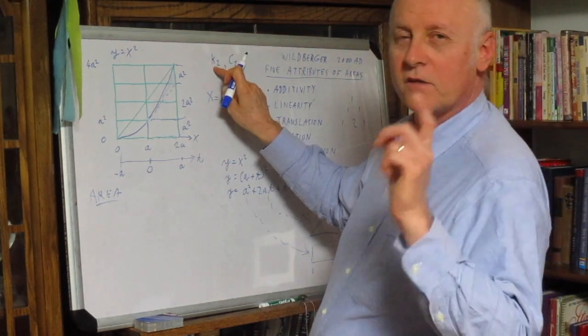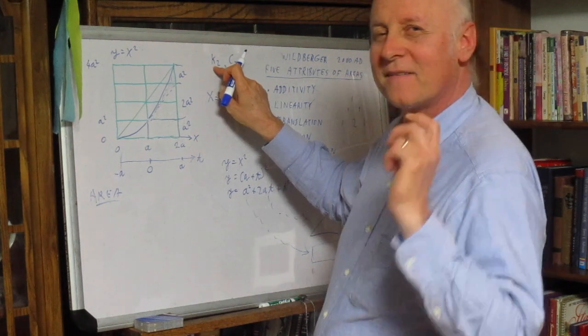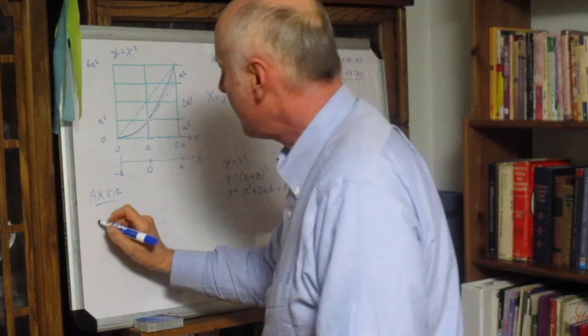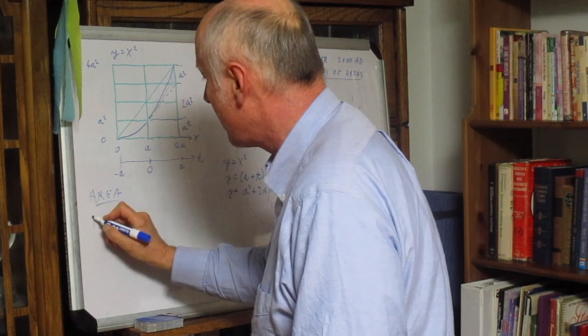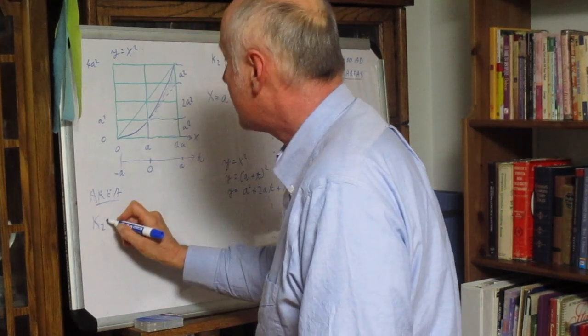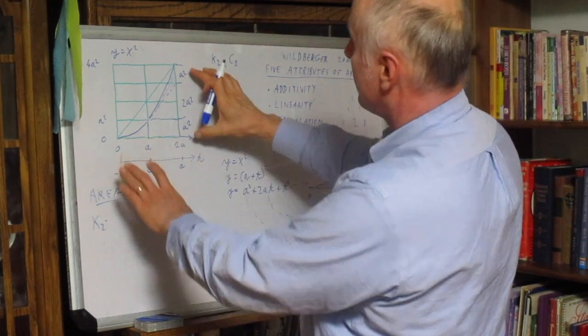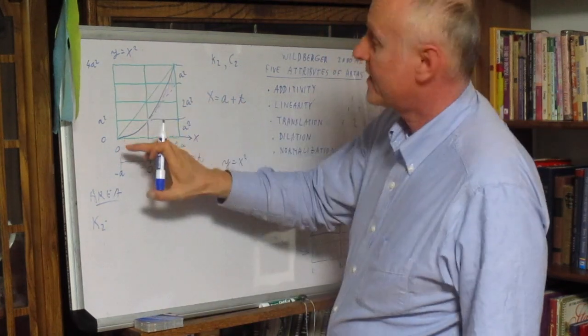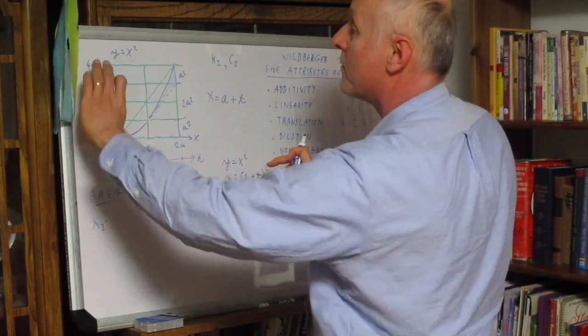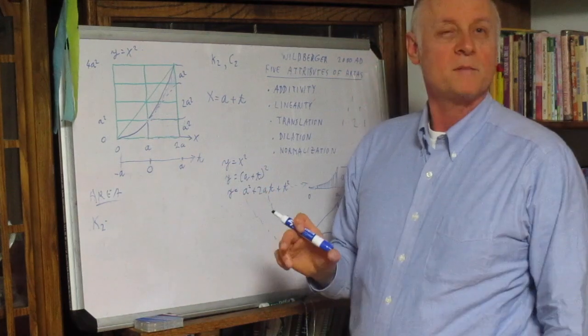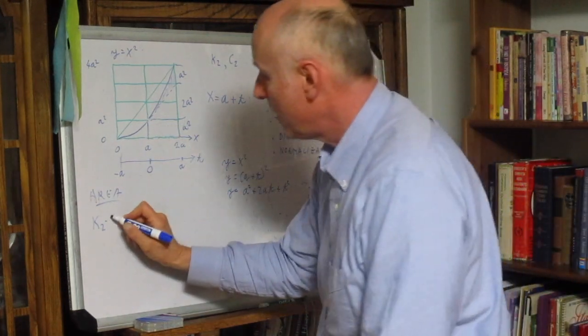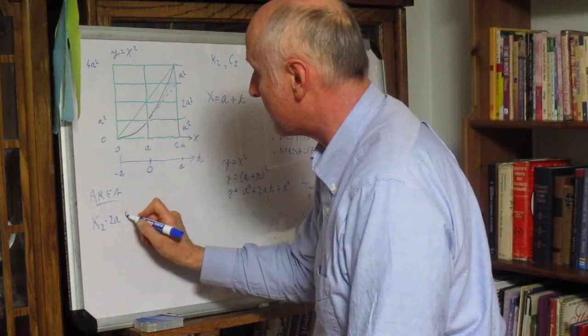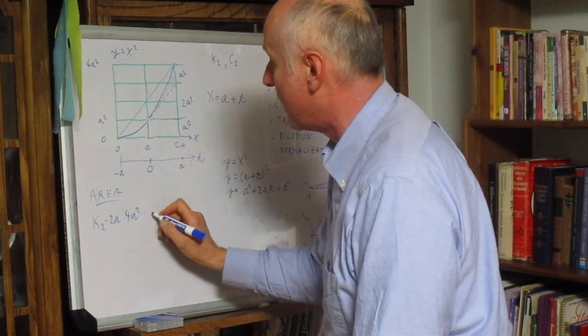That's our iso ratiometric invariant. K2 times the box 2a times 4a squared, base times height. 2a times 4a squared.